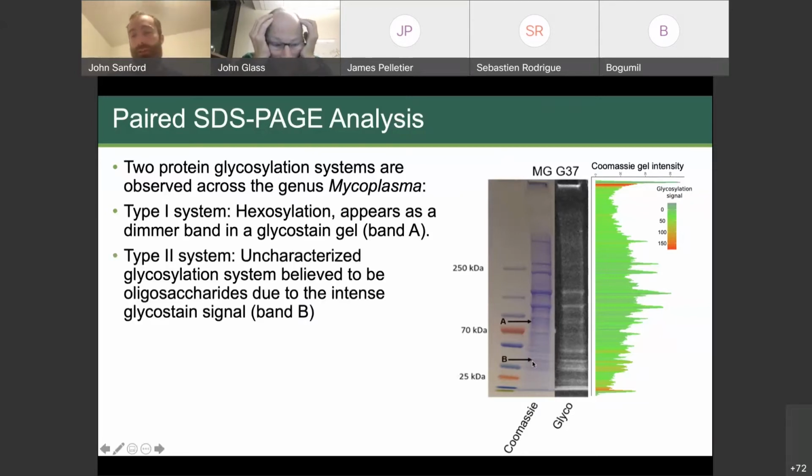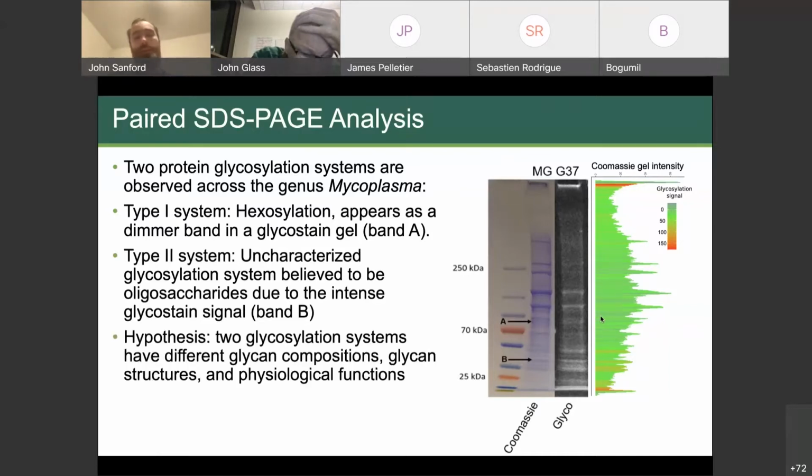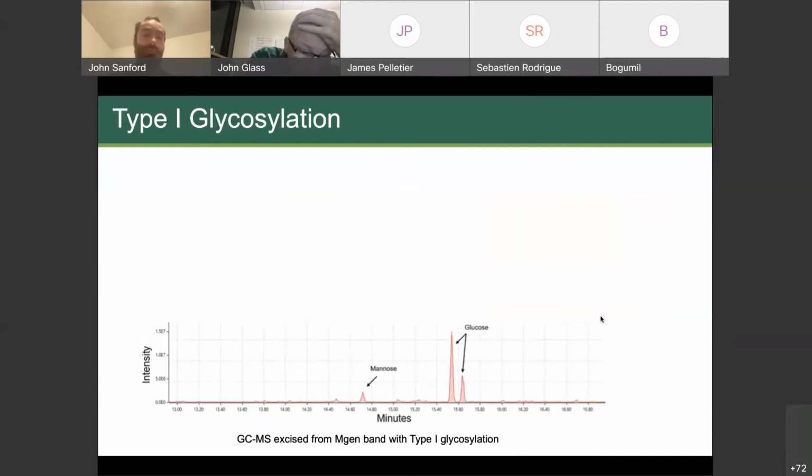There's also another one you can see here, exemplified in band B, where the glycostain is significantly brighter than the Coomassie stain right here on the right. And you can see there are certain regions here when you quantitate the pixel intensity. And so we've hypothesized that these two glycosylation systems have different compositions and structures, and also have a different physiological role.